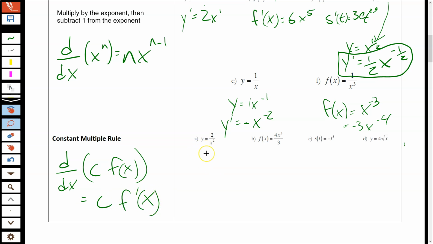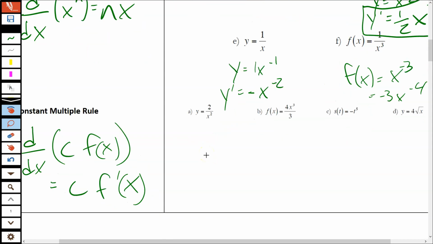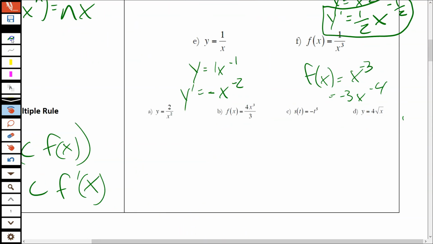What does that mean, right? Make sure you give yourself some room here, because I want to make sure our work is clear. So for letter A, I can rewrite y like this. Y is really 2 times 1 over x squared, which is still 2 times x to the negative 2, right?